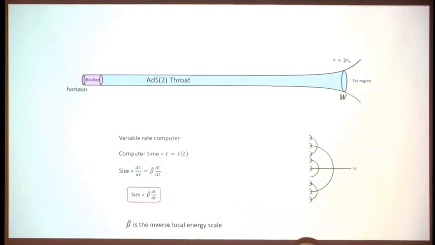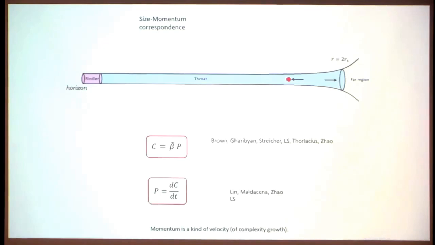So as something moves down that throat, it experiences different places, and that rate is the temperature of a black hole whose horizon was up at the point in question. You'll have to take it from me that that's true. We can call it the inverse energy scale. And so we have an equation, size is equal to beta tilde dc dt, t being asymptotic time.